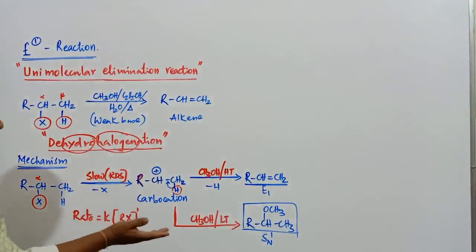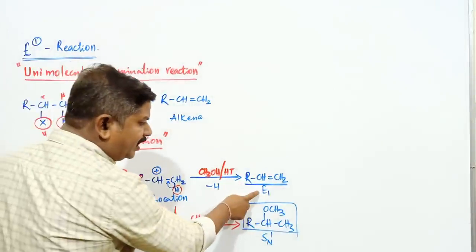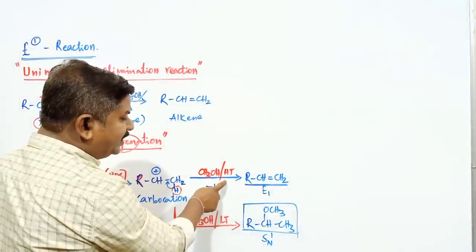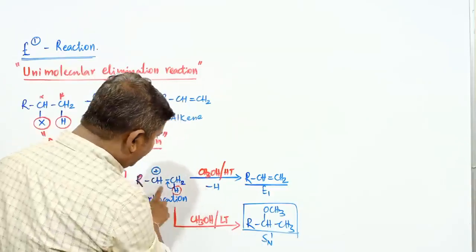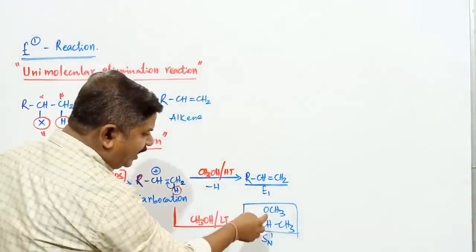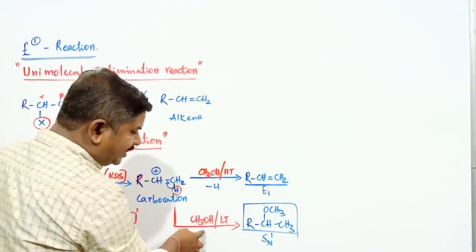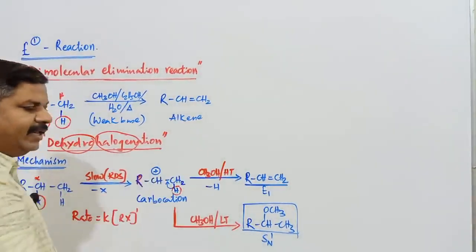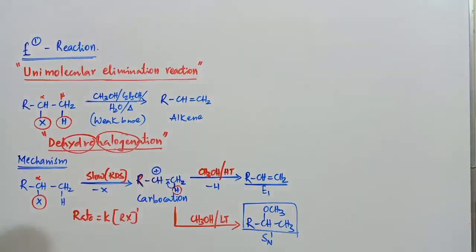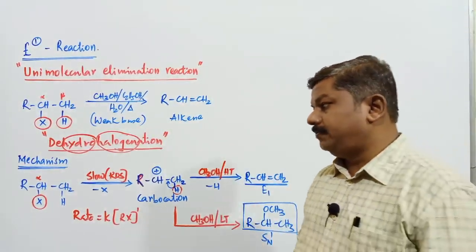Then you can compare the E1 and SN1 mechanisms. The E1 reaction, or unimolecular elimination, takes place at high temperature in presence of the reagent. The same carbocation is converted into a substituted product in presence of the same CH3OH at low temperature. So temperature plays a very important role in this reaction. This is the mechanism involved in the unimolecular elimination reaction.